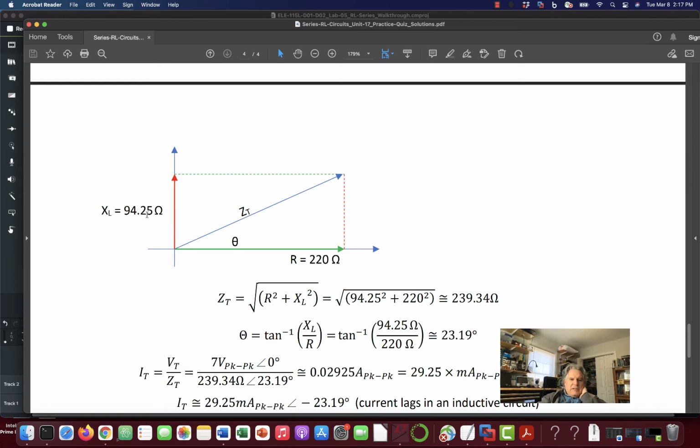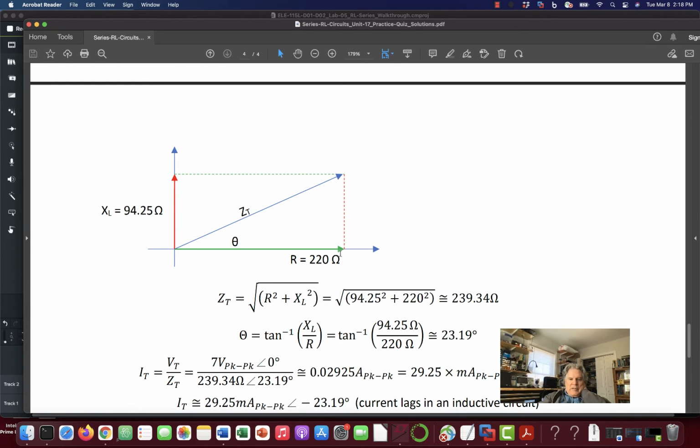I look at my impedance chart. I put my inductive reactance vertically on this axis here: 94.25 ohms that way at plus 90 degrees. And then for the resistor, I have 220 ohms.